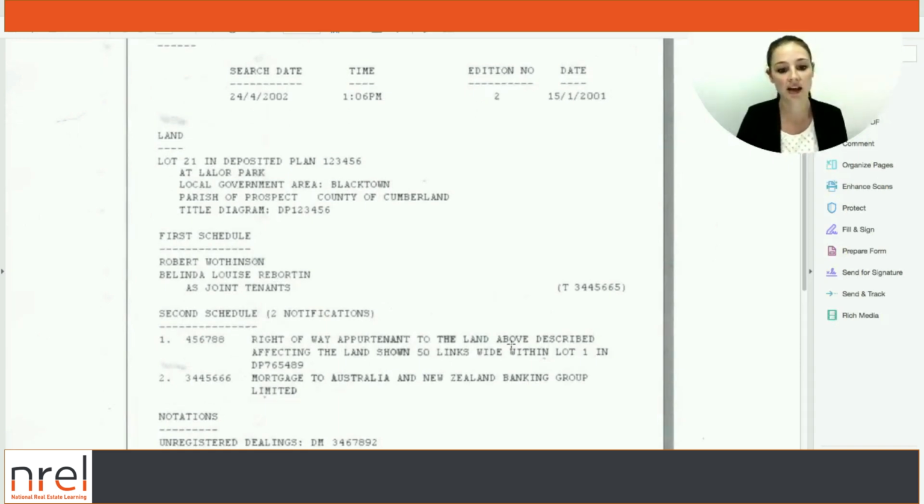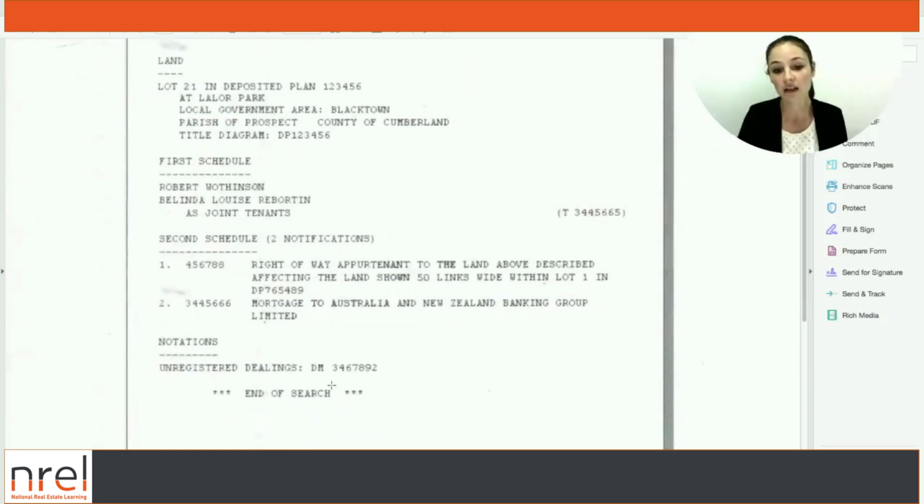And you also have an easement here, which is a right of way, and a mortgage, of course, will be noted on a title as well, because it's a form of restriction, which means that the mortgage would need to be paid out prior to this title being transferred to another buyer. So an encumbrance is basically a form of restriction.